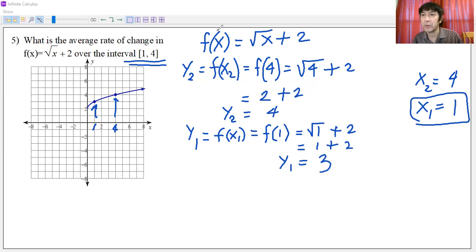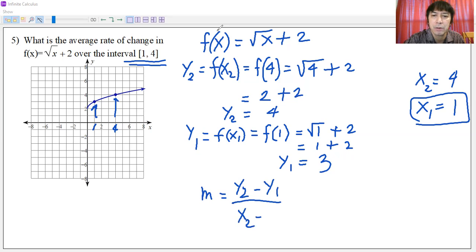We can now compute our average rate of change, which is actually the slope. So m is equal to y2 minus y1 over x2 minus x1.